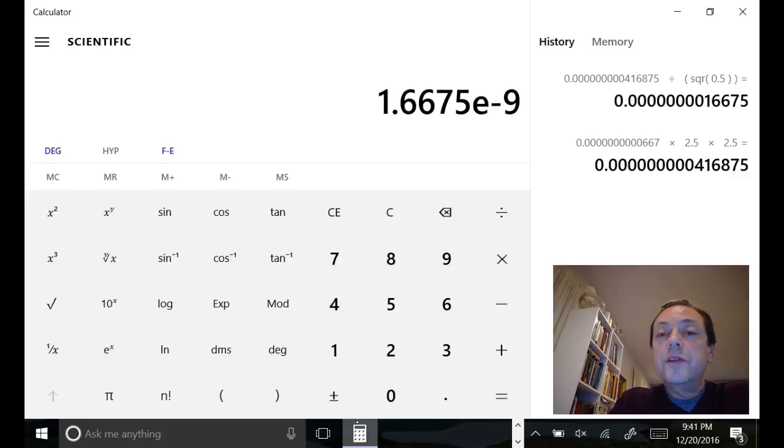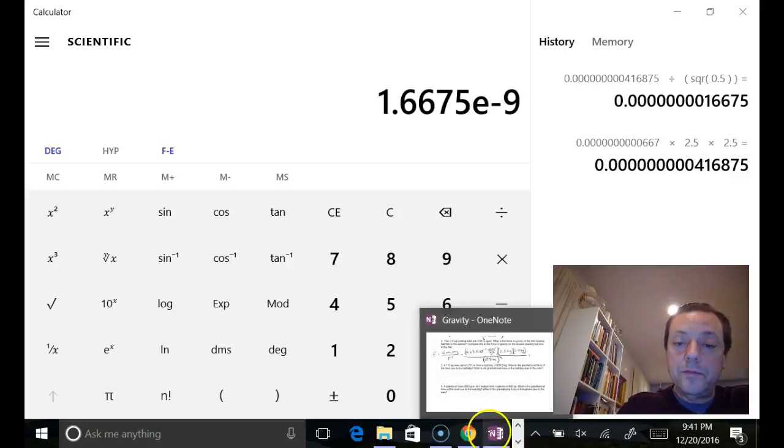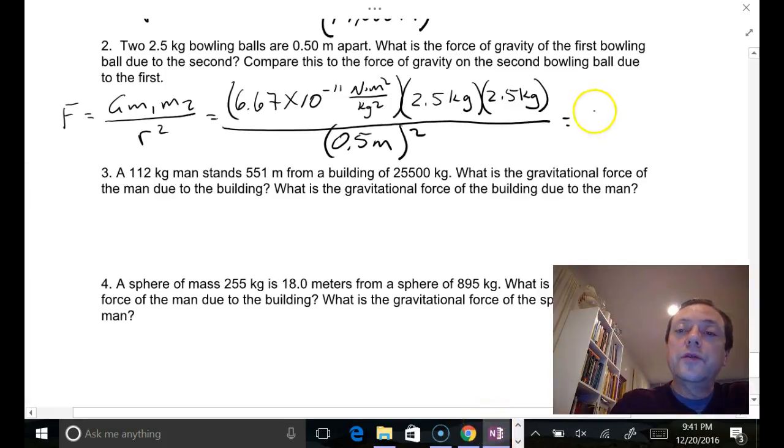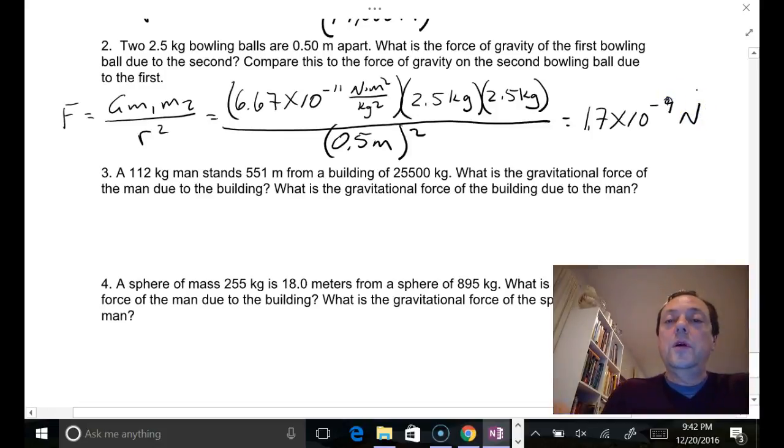It's about 1.7 times 10 to the minus 9th newtons, because the kilograms divided out, the meters divided out, and it left us with newtons. Okay, so far so good?